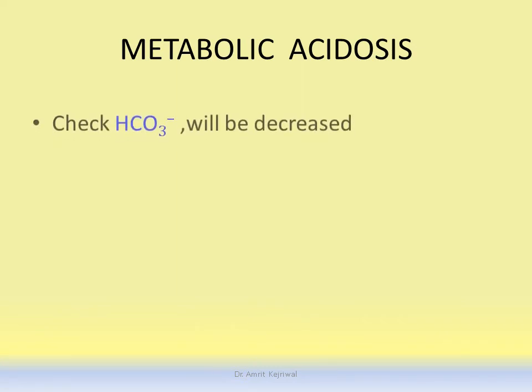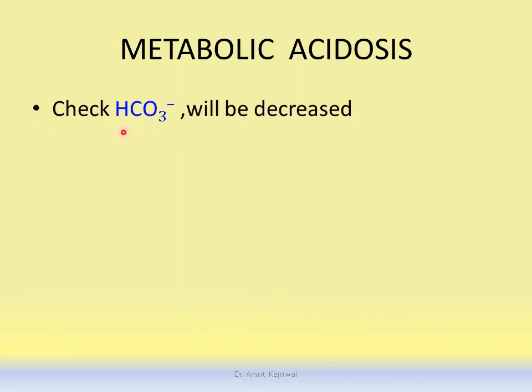Metabolic acidosis. Check bicarb, it should be decreased with a decreased pH. Now we have to see whether the carbon dioxide is compensated completely or not. So we've got various formulas. PCO2 should be equal to 1.5 times bicarb plus 8, plus or minus 2. So this will give you the expected value of PCO2.